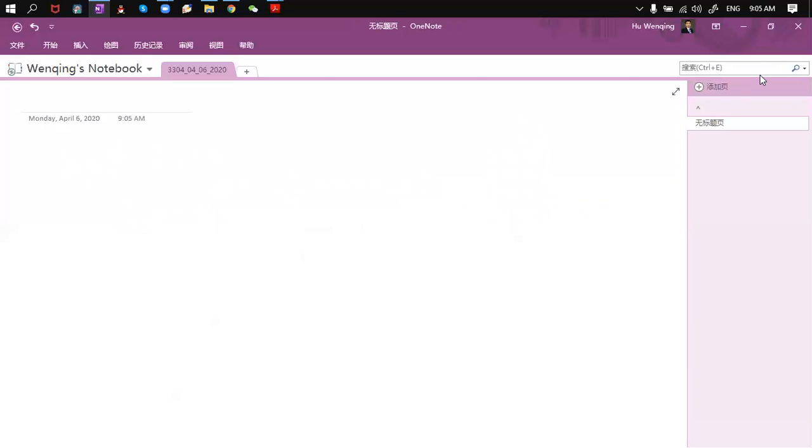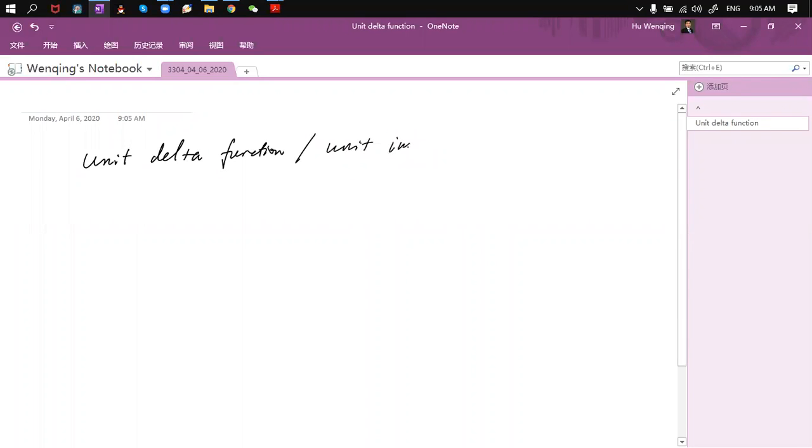So that's the so-called unit delta function, or sometimes we call it the unit impulse function. What is the unit impulse function?